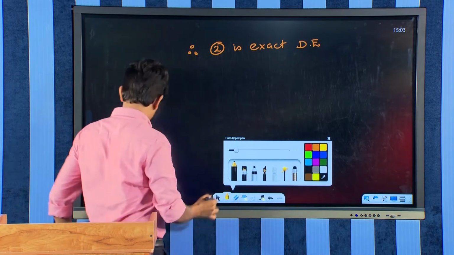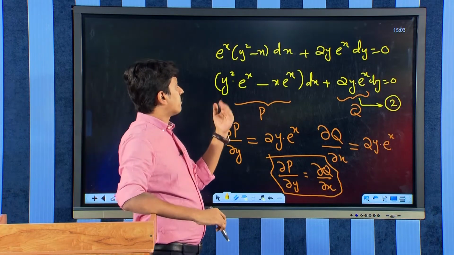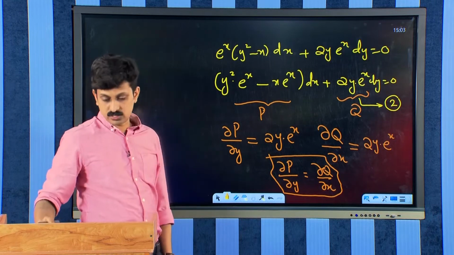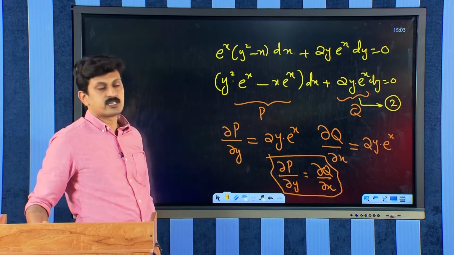So, my dear students, just come back to here. Here we have y square e raised to x minus x e raised to x dx plus 2y e raised to x dy.